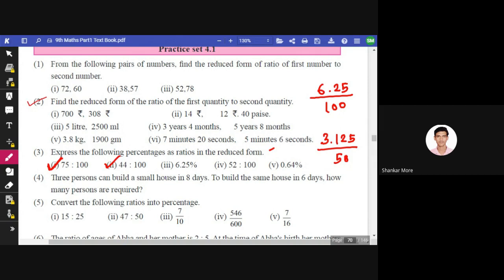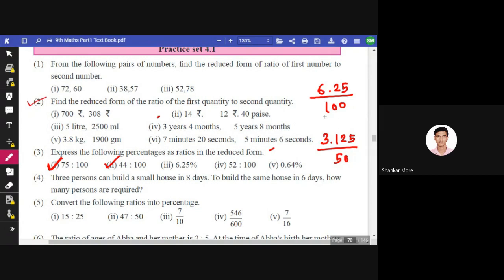And then after that, what we can do is, 6.25 divided by 100 is there.